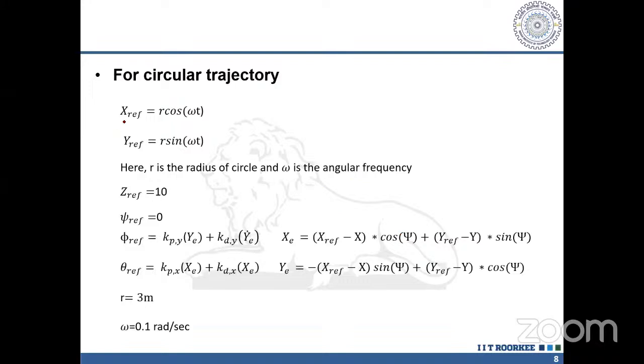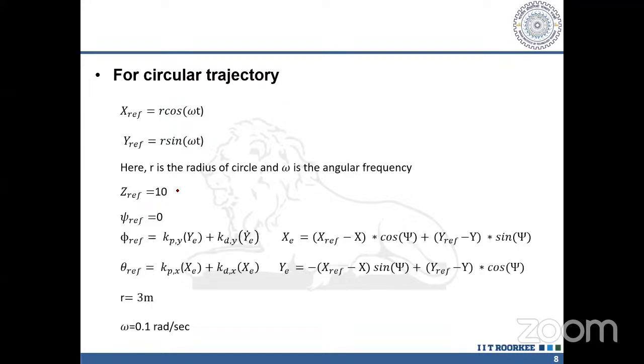For the circular trajectory, we use the X reference and Y reference as R cos omega t and R sin omega t. And altitude Z is decided, the altitude means the height of the drone system. So Z is the altitude height.